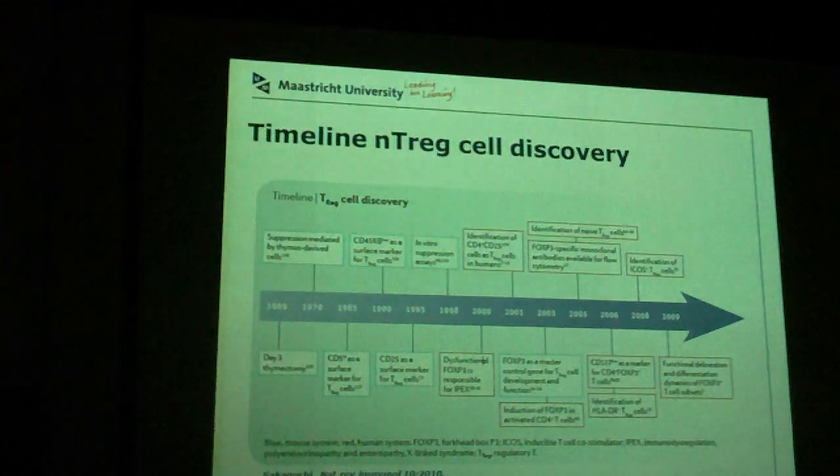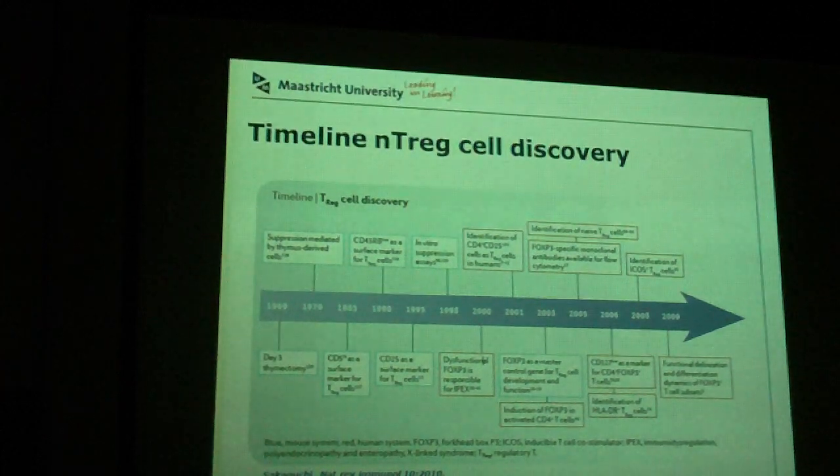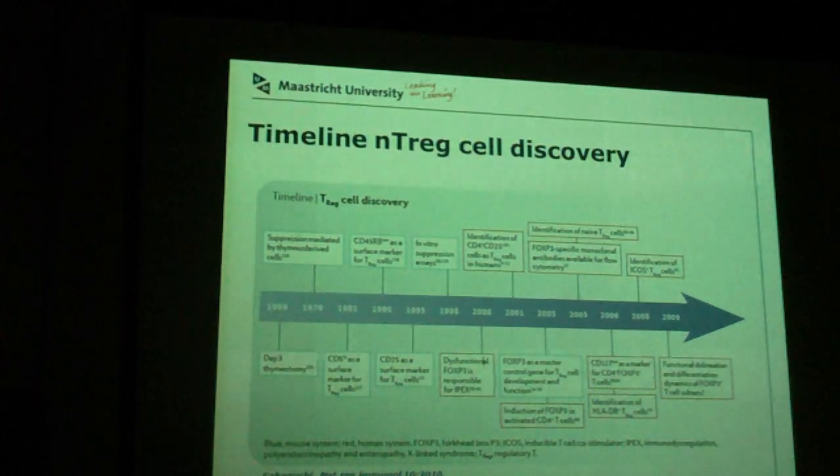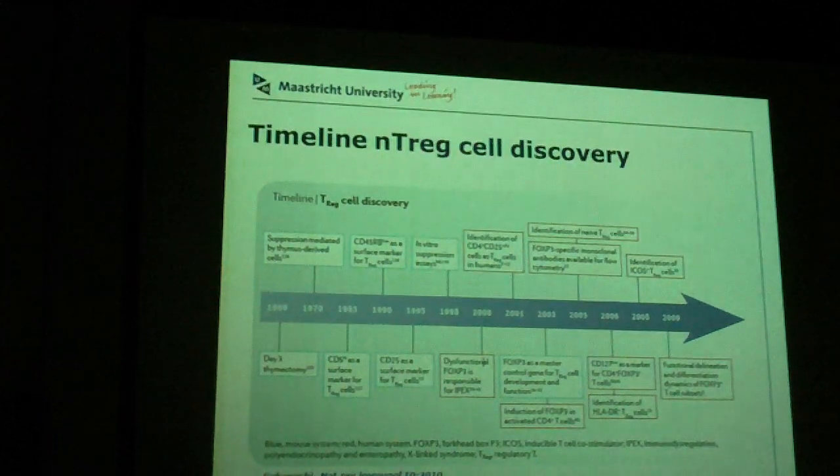a lot of different autoimmune phenomena. So it will start attacking tissues. And this could be prevented when you added normal CD4 T cells from another mouse. Then you could prevent this autoimmune response. So this led people to think that there was a T cell coming from the thymus which could suppress immune responses.